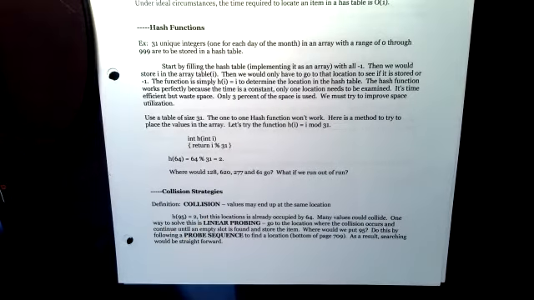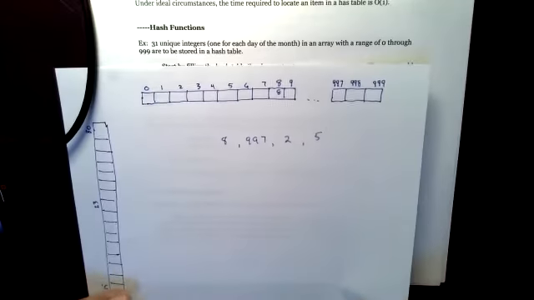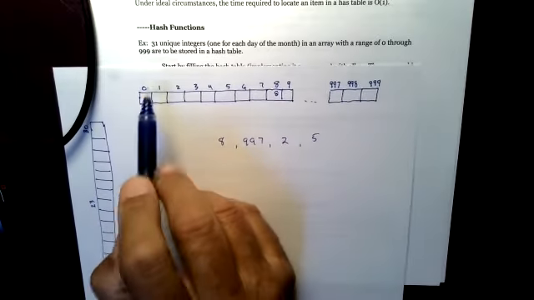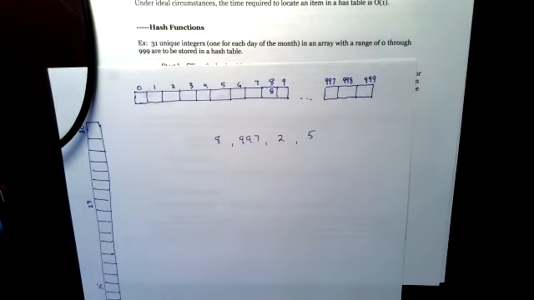So I have 31 unique numbers. They're in the range from 0 to 999. I'd like to know if they're stored. So what could I do? I could simply do something along the lines of this. I'm going to create an array of 0 to 999. Array of 1,000 numbers.